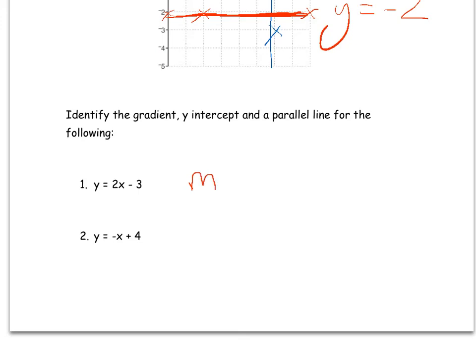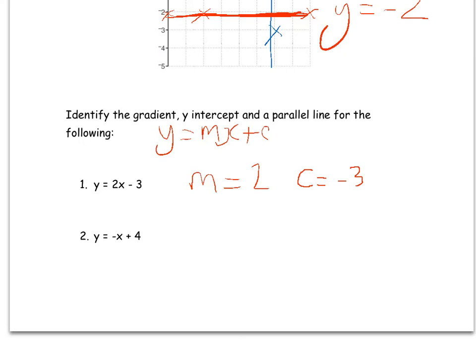Because remember, all straight line graphs take the form y equals mx plus c, where the m is the gradient and the c is the y-intercept. So the gradient is 2 and the y-intercept is minus 3. Remember to take that minus with you.